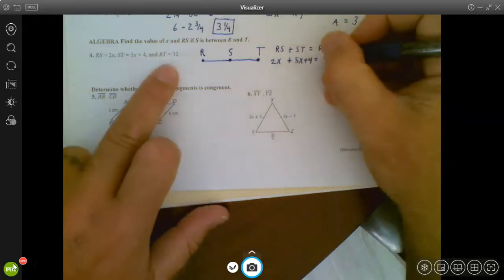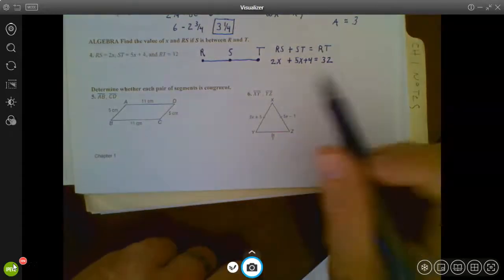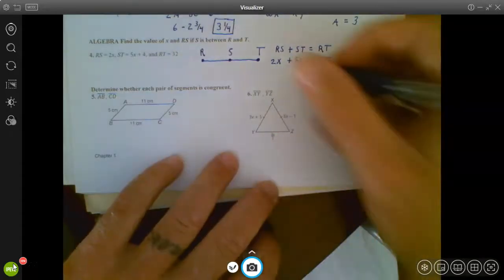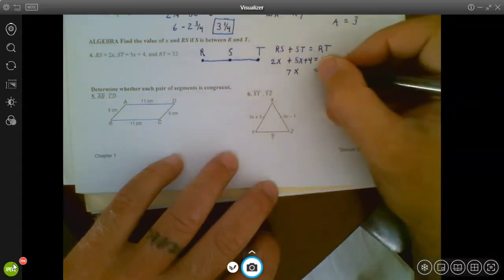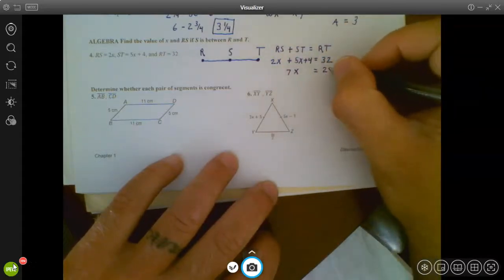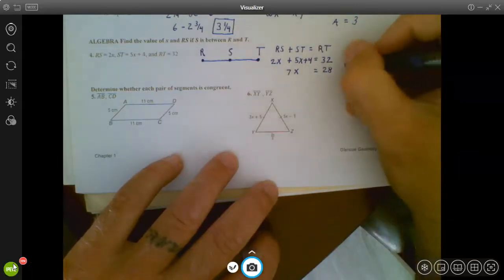And RT is 32. And we're just solving that equation. So use your basic algebra, combine like terms. So 7x, subtract 4 from both sides. And we're going to get x equals 4.